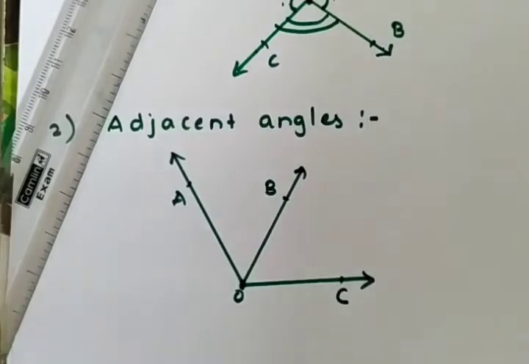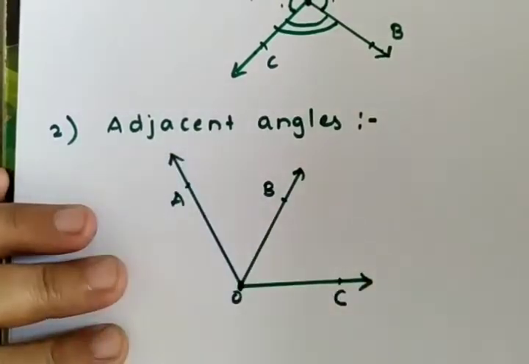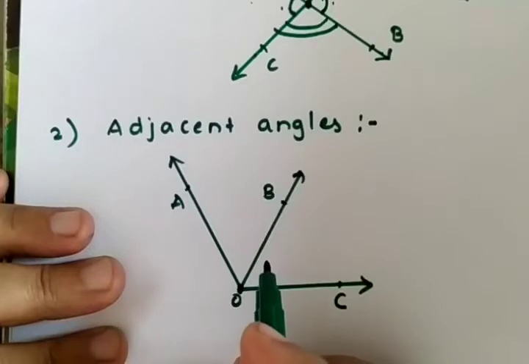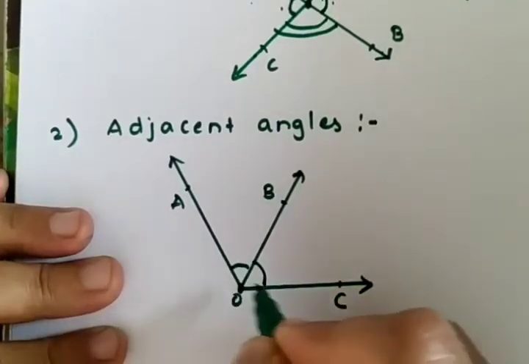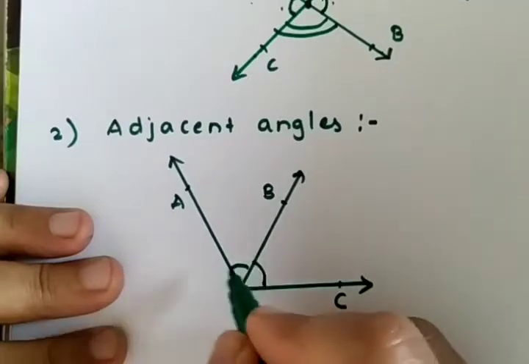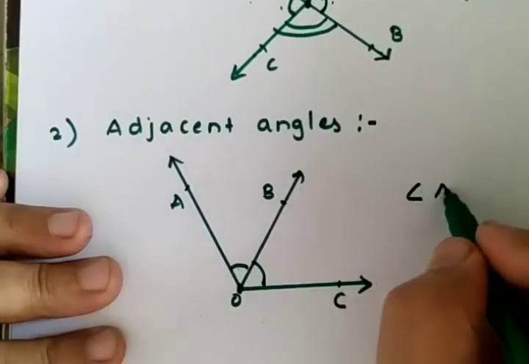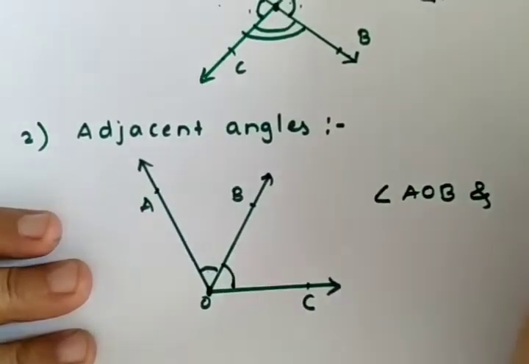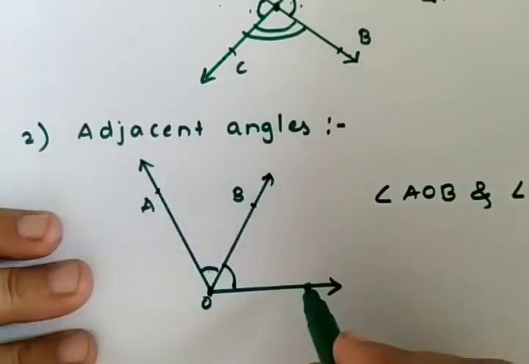So if we are talking about adjacent angles, the meaning of adjacent is nearer to each other. So in this figure, these two angles, angle AOB and angle BOC, are said to be adjacent angles.